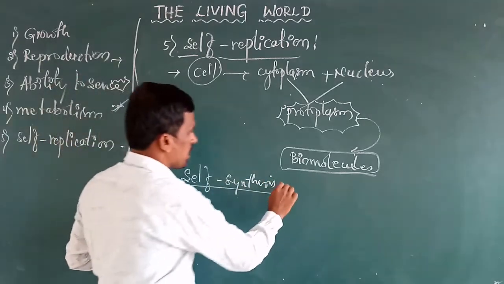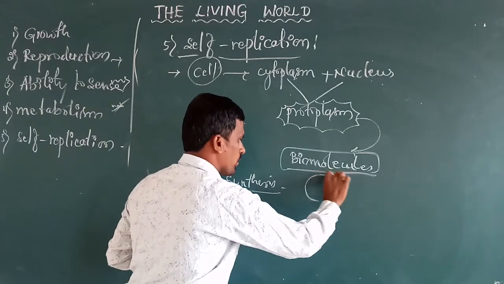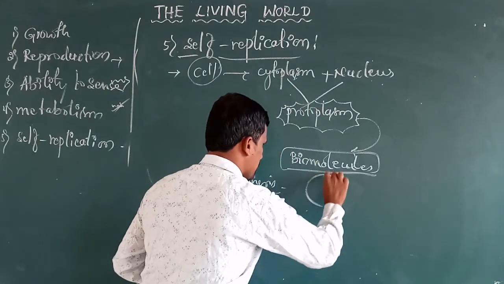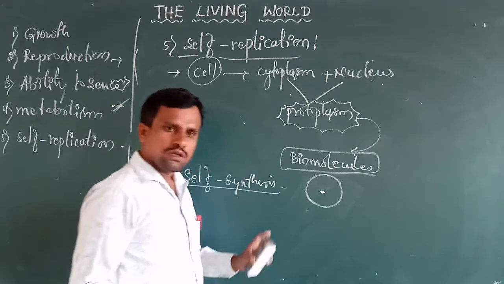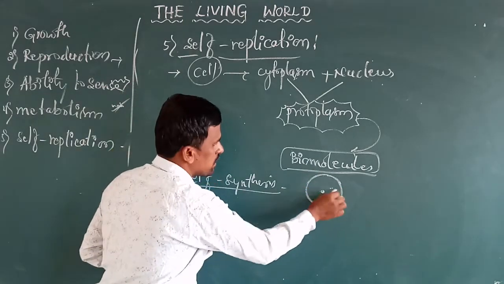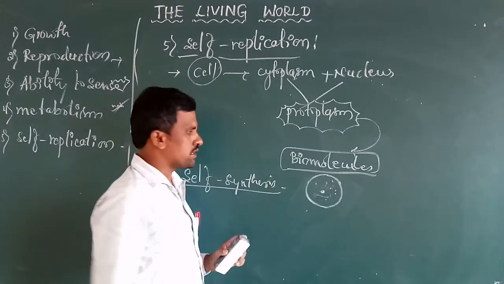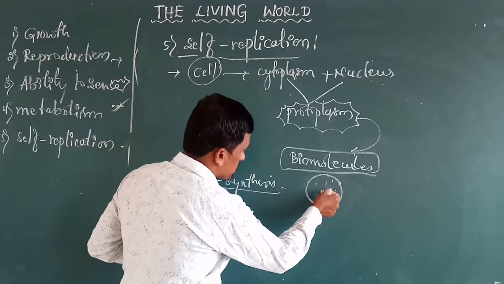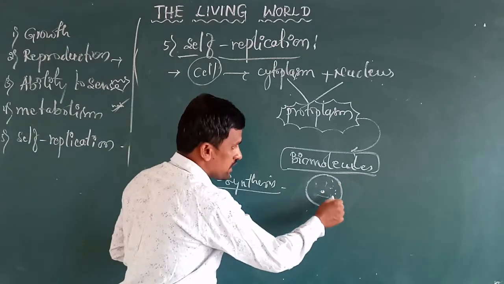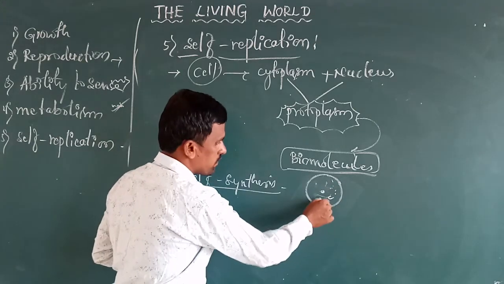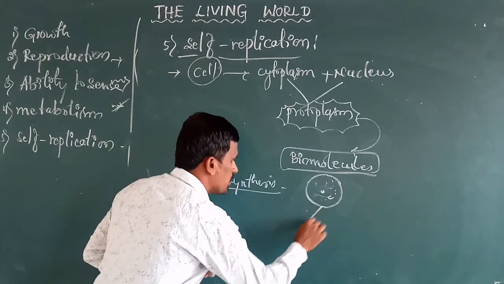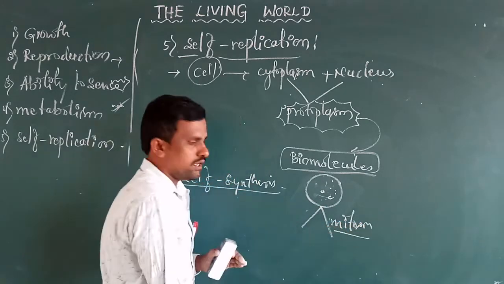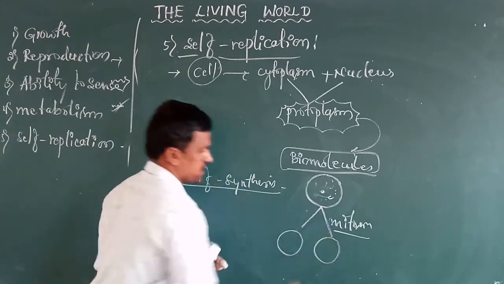Self-synthesis takes place like this: there is one cell in a multicellular organism, with a nucleus, cytoplasm, cell organelles, a cell membrane and a cell wall. This cell increases its cytoplasm and nucleus and undergoes cell division, like mitosis, producing two daughter cells.